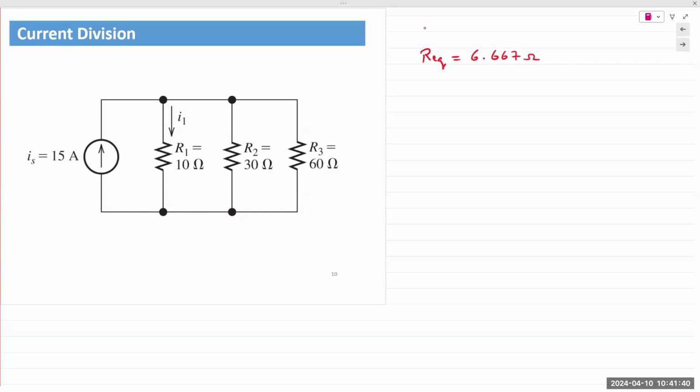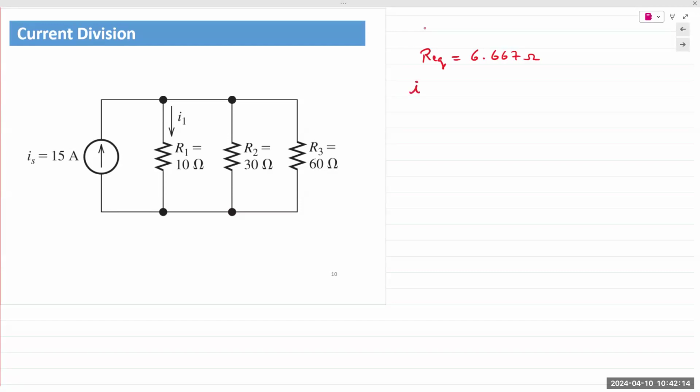Typically, when I have values like 3.33 or 6.66, I tend to go with 4 significant digits. Right now, it's just 6.667. If I'm trying to solve an unknown circuit for the first time, I take as many decimal places as I can to reduce the chances of error. Anyway, you can do 6.67, which is fine. I typically take 3 or 4 digits, but students can take at least 2, if not more. Anyway, so that is correct.